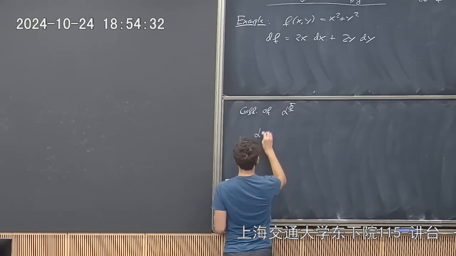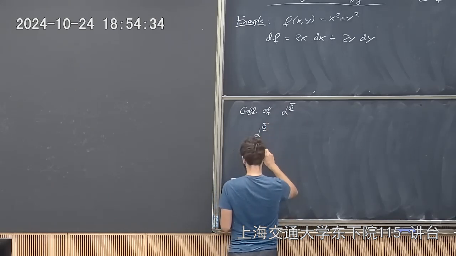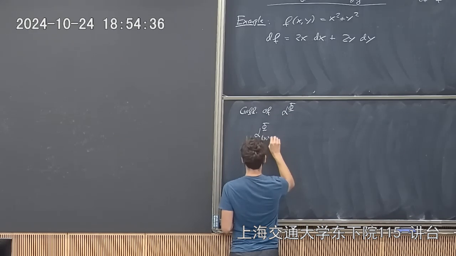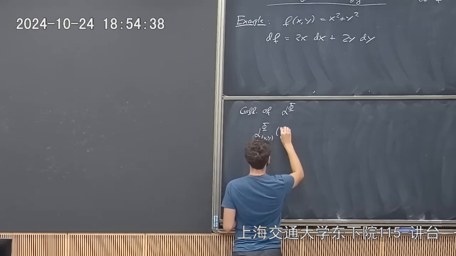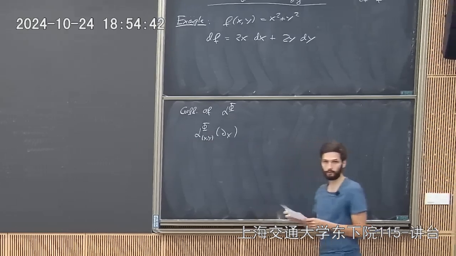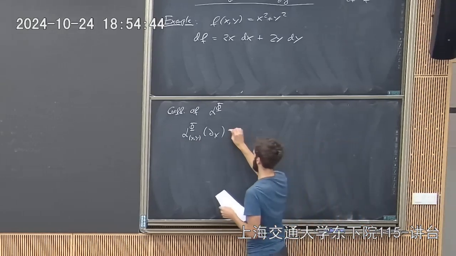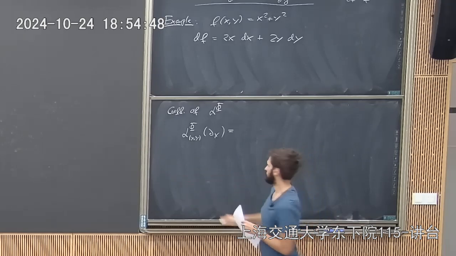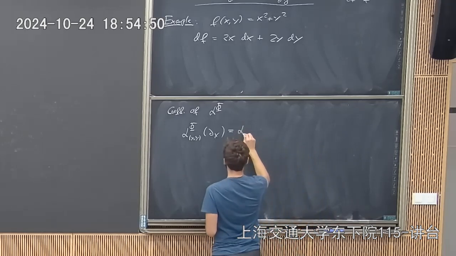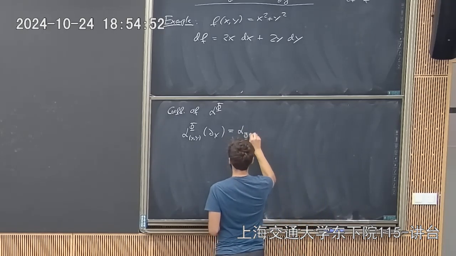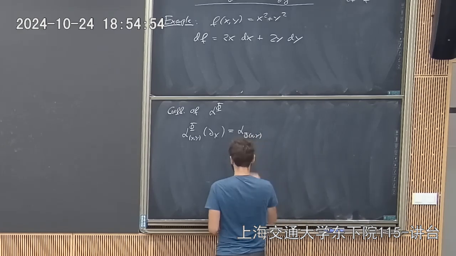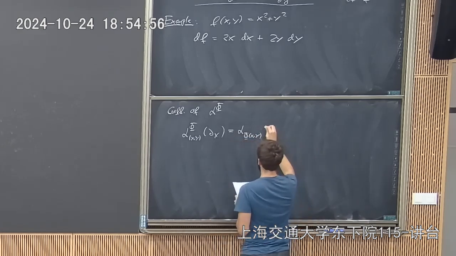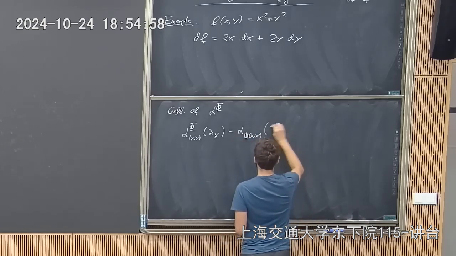What we have to do is give a point x, y, and plug in the vector field, say dx, and then do the same thing with dy. So let's go to this last line and just use the definition. We evaluate alpha on dx, dy, and then we calculate the derivative of phi.